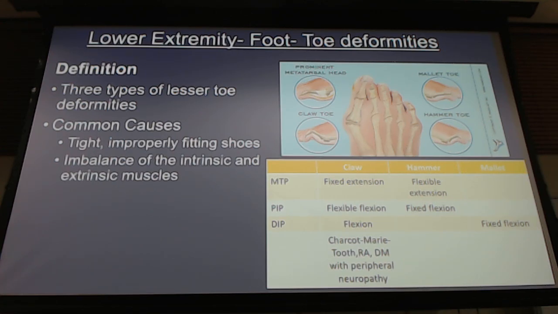In a lot of cases, the PIP, the proximal interphalangeal joint, might be fixed. In some cases, it's not. But you can tell because the toe looks like a claw.